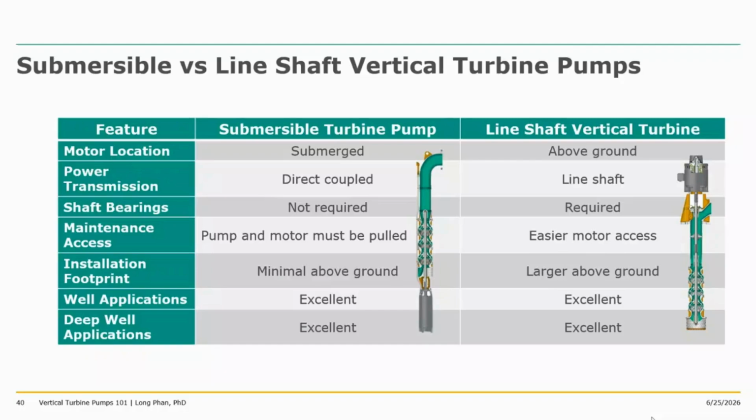Because the motor is submerged in the water, there's no way you can service it without pulling the pump and motor. The line shaft vertical turbine has easy motor access, located above ground for easy maintenance. The installation footprint is minimal above ground, larger below ground, right? And regardless, these pumps are excellent for well applications, of course.